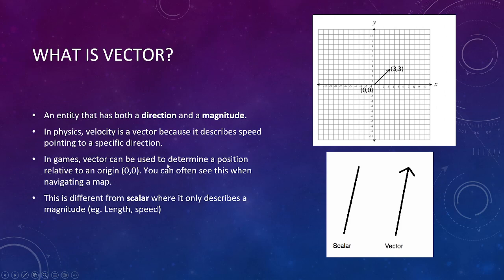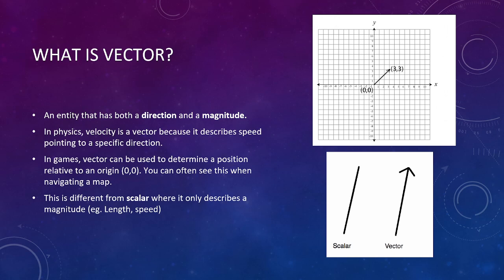A vector is an entity that has both a direction and a magnitude. So in physics, velocity is a vector because it describes the speed pointing to a specific direction. In games, vectors can be used to determine a position relative to an origin 0, 0. You can often see this when navigating a map.